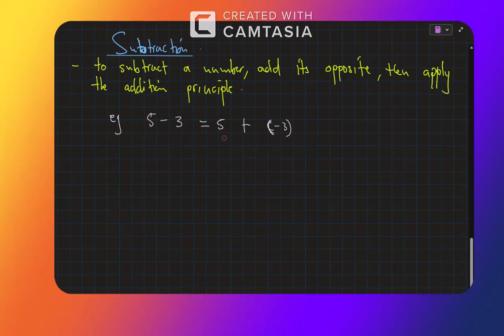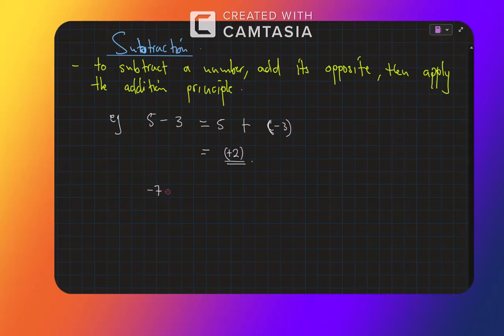This is positive, this is negative. They have different signs. So you subtract the smaller one from the bigger one, you get 2, and you take the sign of the bigger one, which is positive. So it's going to be positive 2. Simple as that.